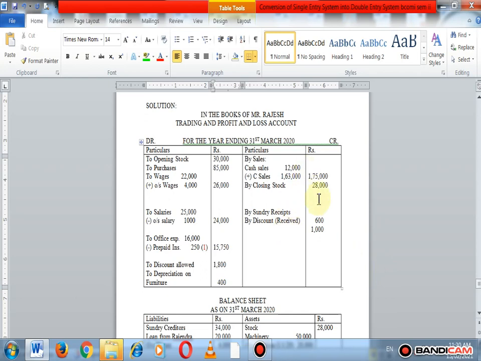Now we make a total of the trading account, sorry, the total of debit side and credit side. So the total of credit side is more, that is 1,75,000 and 28,000, and here we deduct a loss, or we cannot give one effect of drawing.